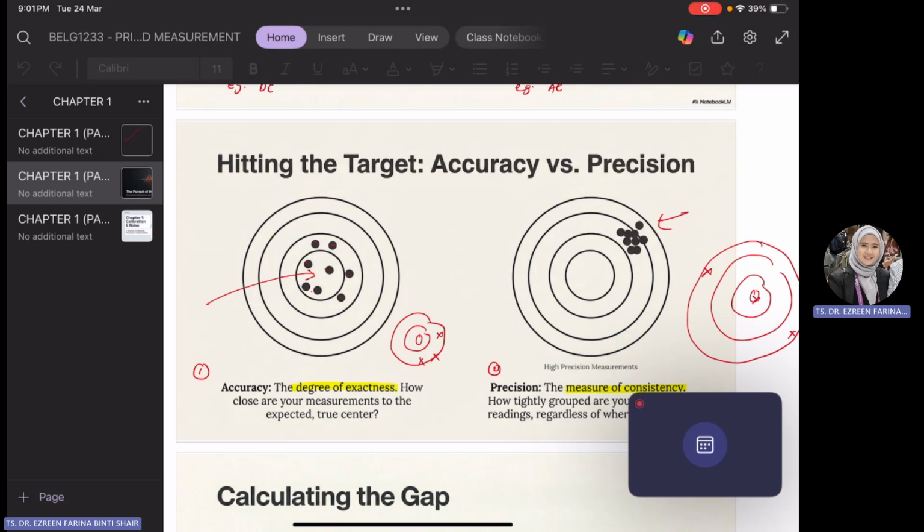Last week I already mentioned what accuracy is: basically the degree of exactness. The second one is precision, which is the measure of consistency. You can see from this figure the difference between accuracy and precision.